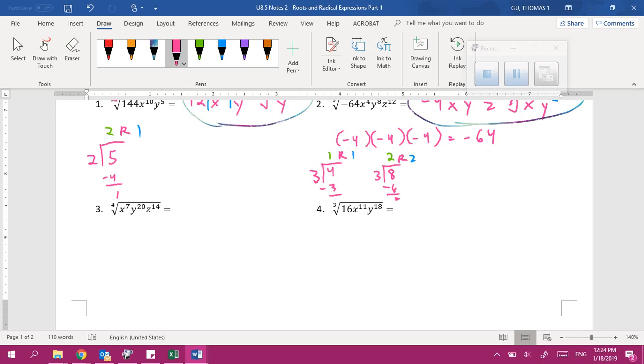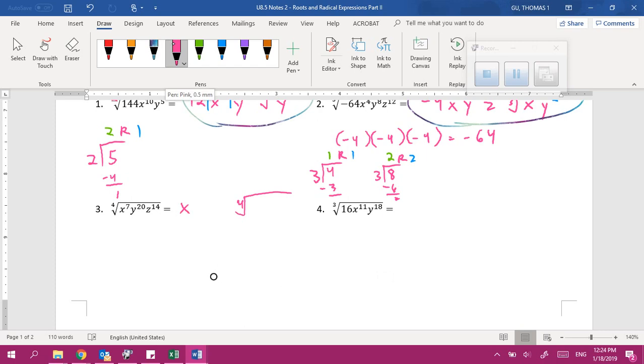Would you have to look for absolute values on number 3? Yes, you would. Why? Because the index is even. That's right. Okay, so can you tell me the answer without me drawing the remainders here? Is it x, and then what's on the inside?